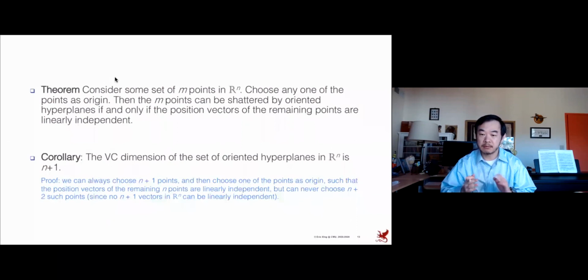So this can be proved. We are not going to prove it here, but the shatter definition allows us to achieve this property.